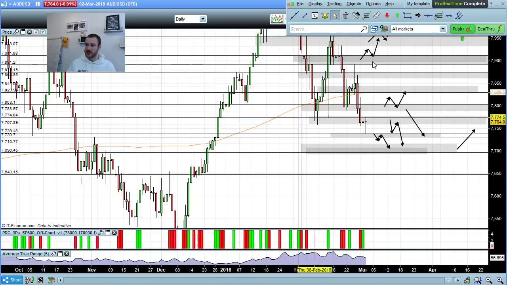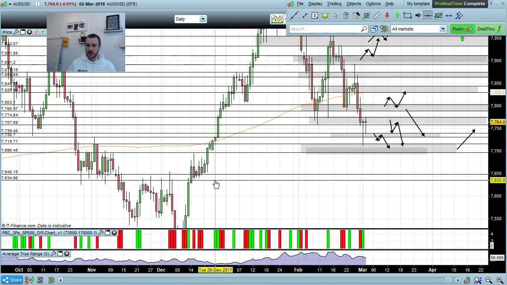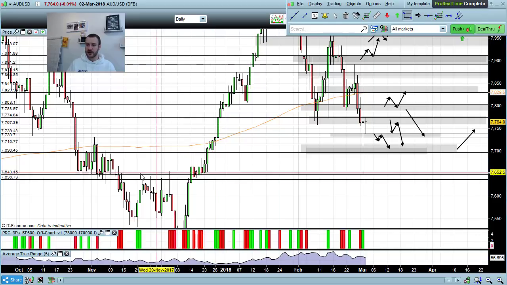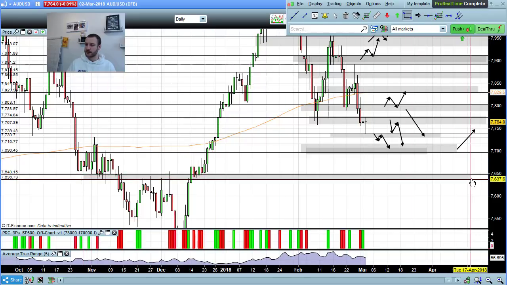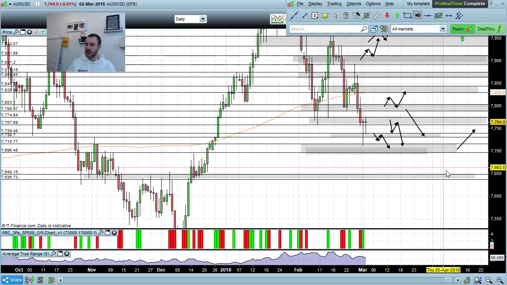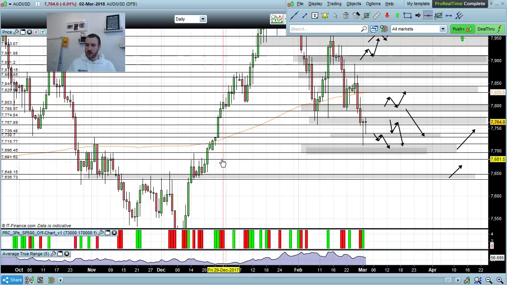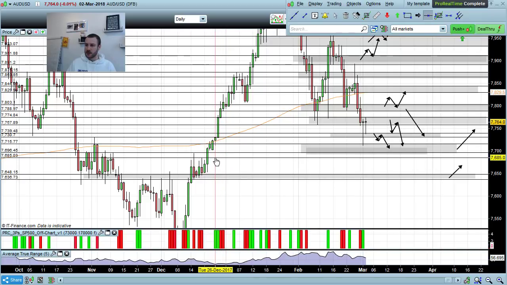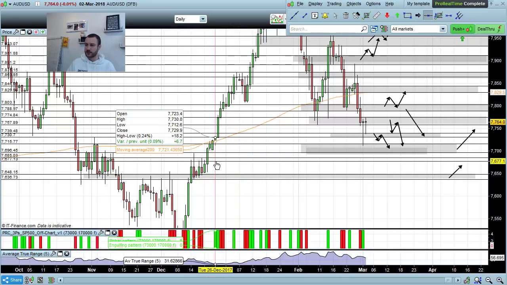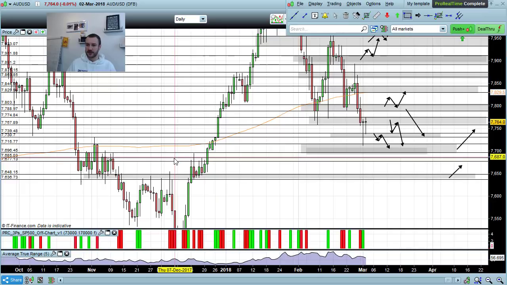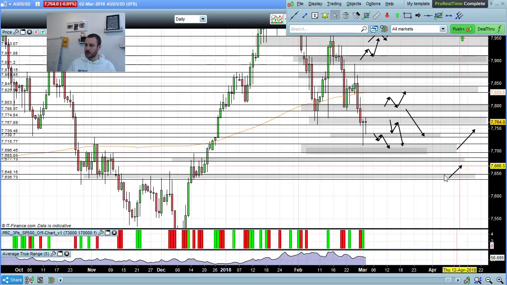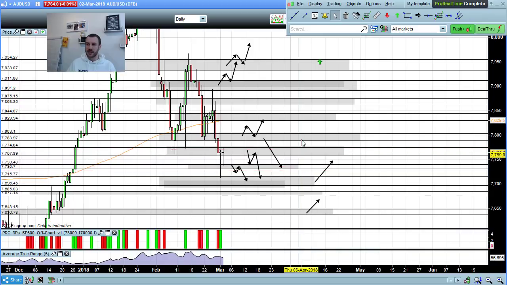Let's mark it in, 7650, really all the way down to 7640. This is a very key level of support in the Australian dollar. Up above there we have 7685 down into 7677 right here. Okay, so those are the main zones going into next week.